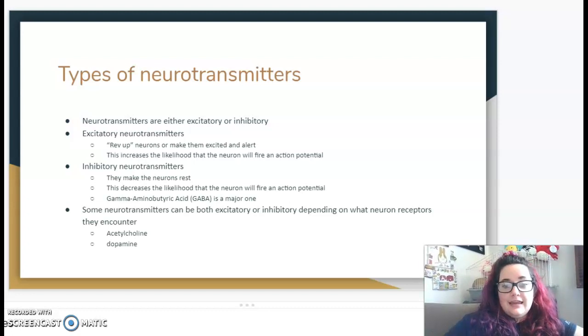Gamma-aminobutyric acid is a major inhibitory neurotransmitter. But some neurotransmitters can be both excitatory or inhibitory depending on what kind of neuron receptors they encounter. Neurotransmitters that can do both are acetylcholine and dopamine.